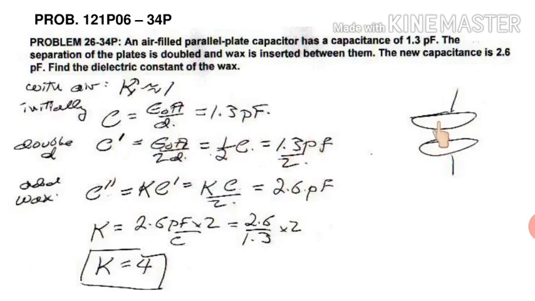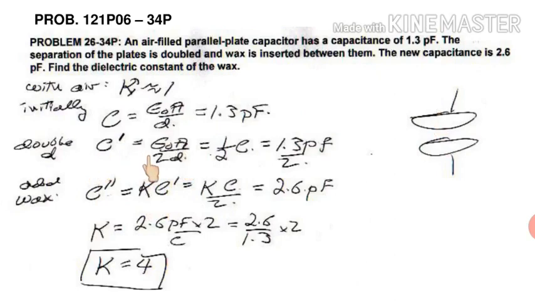Now the second change is that the wax is inserted between them. When the wax is inserted between them, again the capacitance will change. So let the new or final capacitance be C double dash. Now how much will it be? We know that as the dielectric medium is inserted between the plates, its capacitance will increase K times.